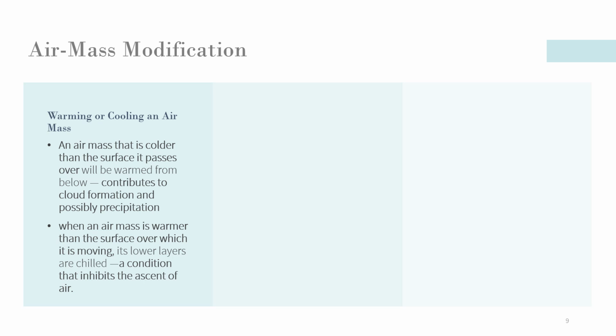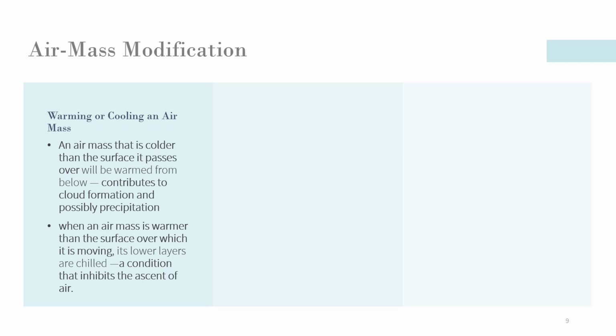So this limits the potential for cloud formation and precipitation, because this condition inhibits the ascent of the air, and because of that there is a lack of vertical movement. Therefore, smoke and dust often become concentrated in the lower layers of the air mass and cause poor visibility.